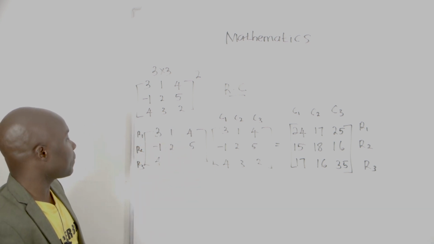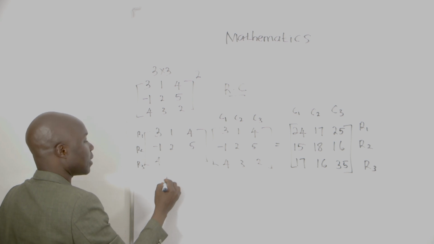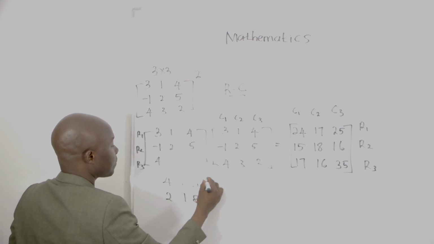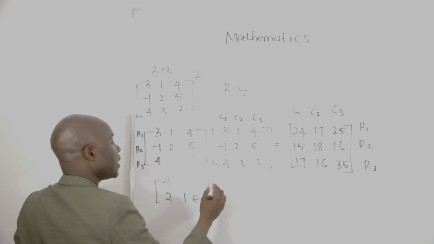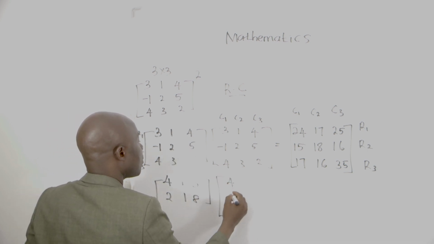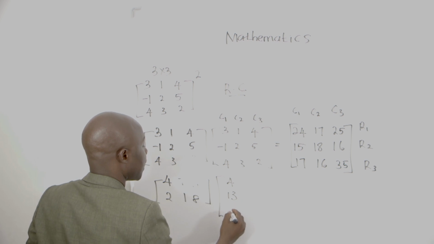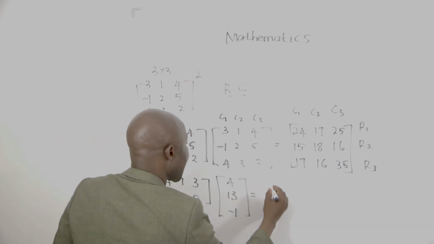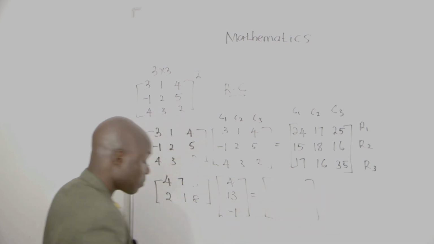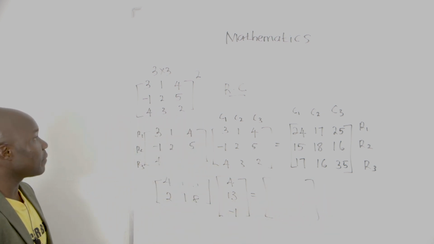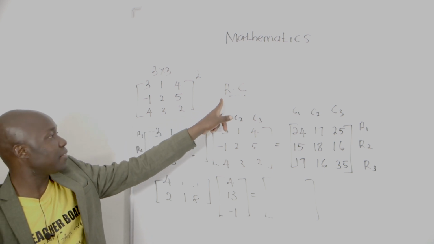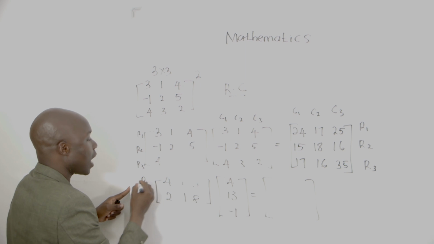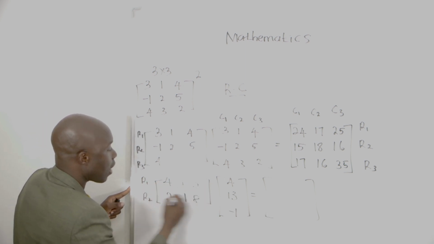But remember one thing, somebody can give you a matrix, for example, 4, 7, 3, 2, 1, 8, like that. Then you multiply a number 4, 13, and negative 1. Now this matrix, sometimes you find it cannot be multiplied, sometimes it can. Why? Since we go by the RC, the rows times column, so this is going to be our row 1, our row 2.